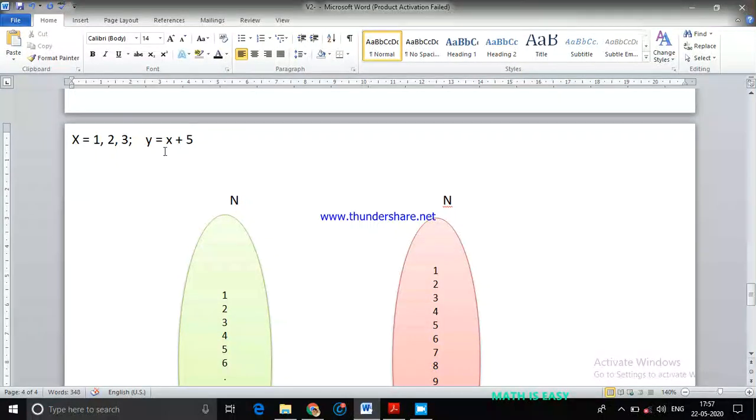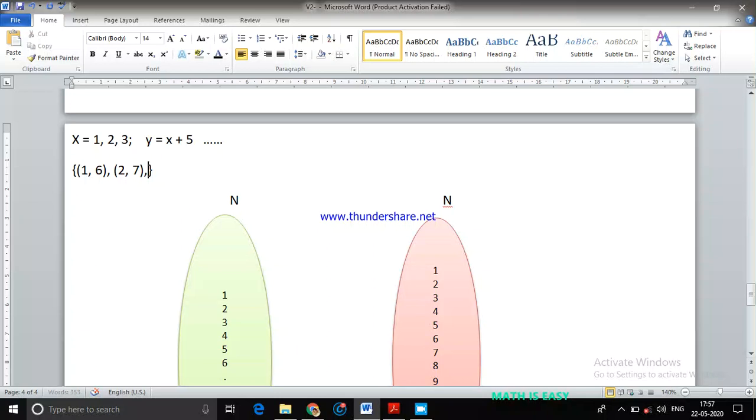So what are the possible values of y if I go and find? Let me put it in the set builder form. If x is 1, can you tell me what the y value is? The y value will be 6. Am I right? Then if x is 2, my possible value is 2 plus 5, 7.